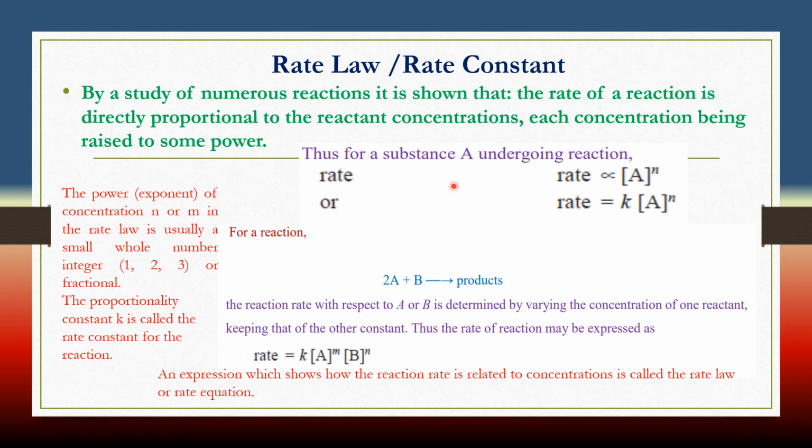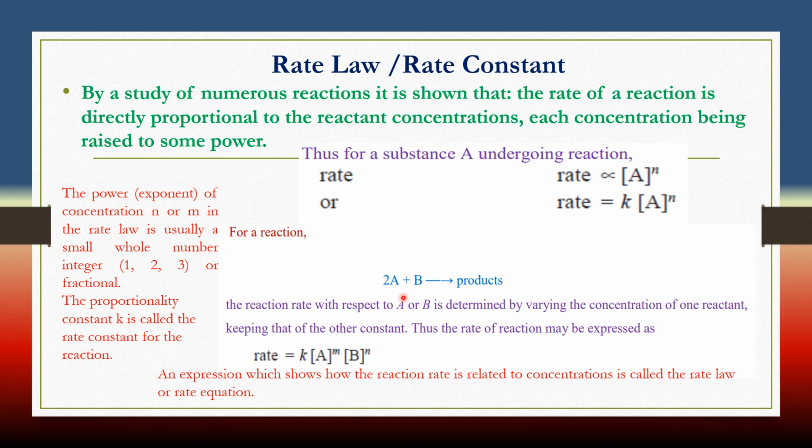If I consider a substance A undergoing a reaction, the rate is directly proportional to A raised to the power n, so rate equals k[A]^n. The power of the concentration, n or m, in the rate law is usually a small whole number like 1, 2, 3, or fractional, and the proportionality constant k is called the rate constant for the reaction.